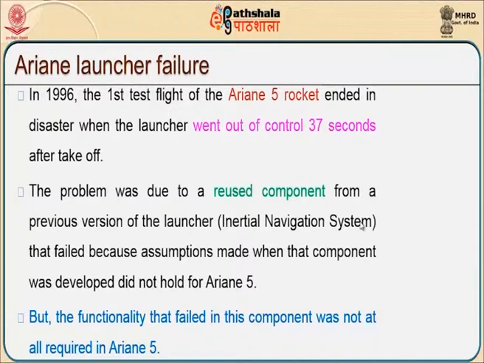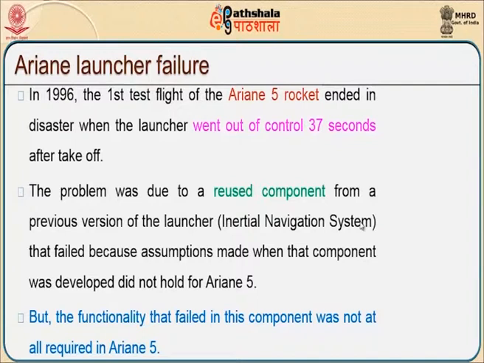The first test flight of the Ariane 5 rocket ended in a disaster when the launcher went out of control within 37 seconds after takeoff. The problem was due to a reused component from a previous version of the launcher. From the previous version of the launcher, they used one of the components, which caused the failure.